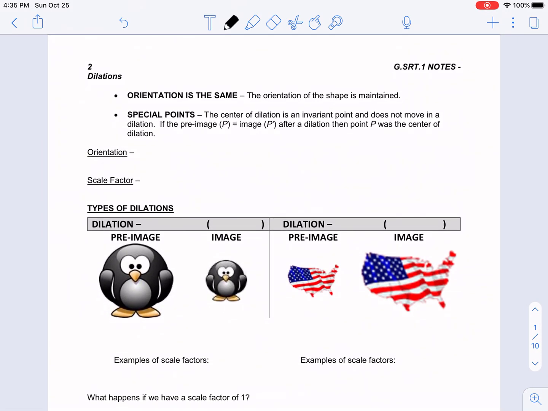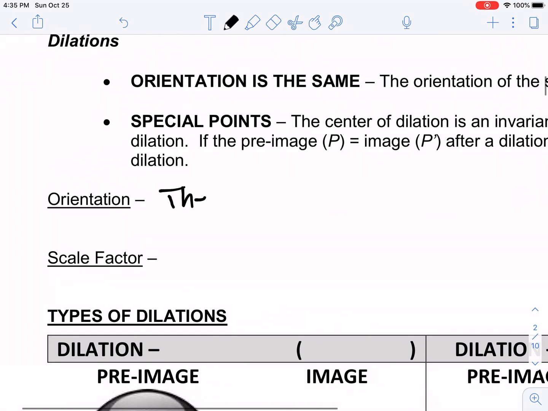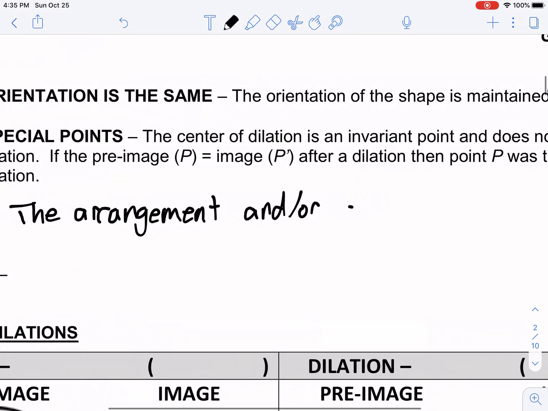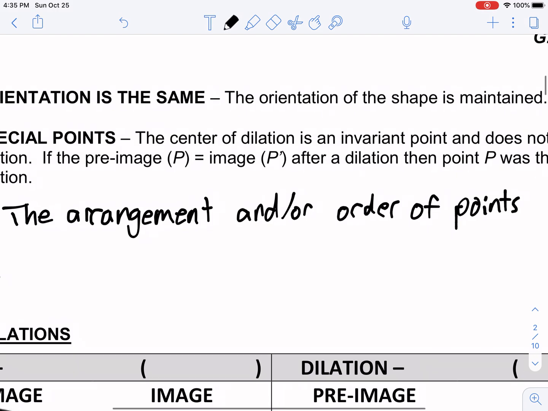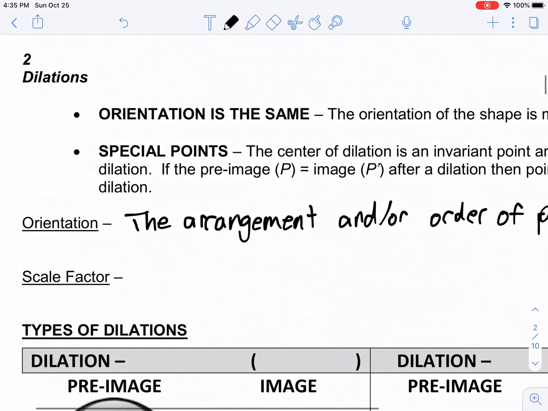Now, orientation, we've talked about what that means before. That has to do with the arrangement and/or order of points in a figure relative to one another.